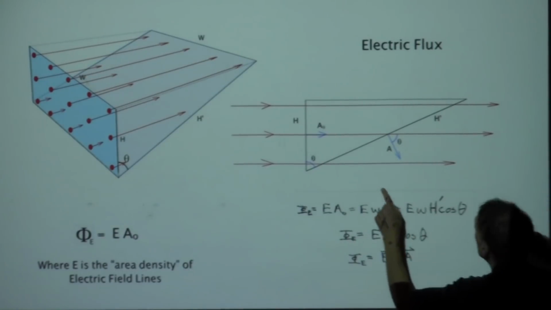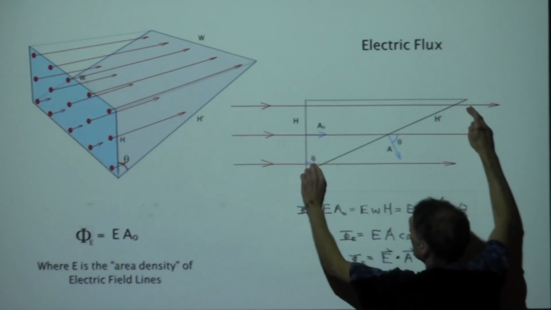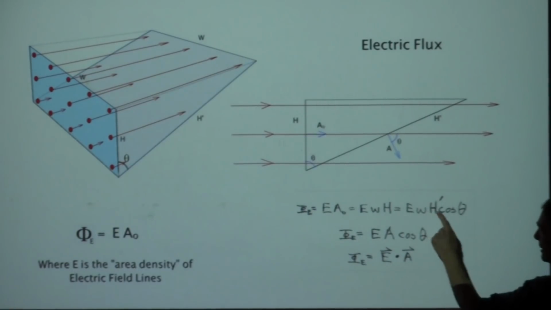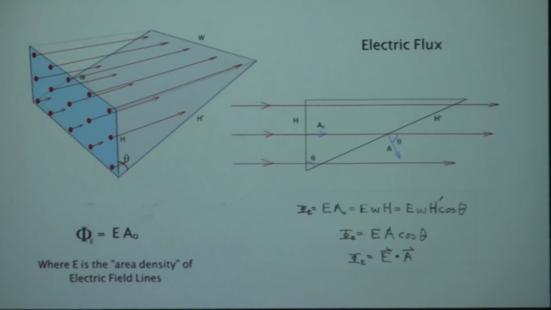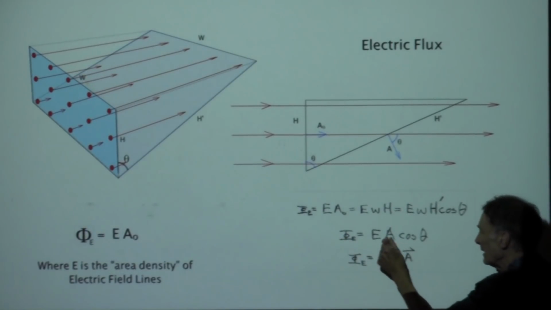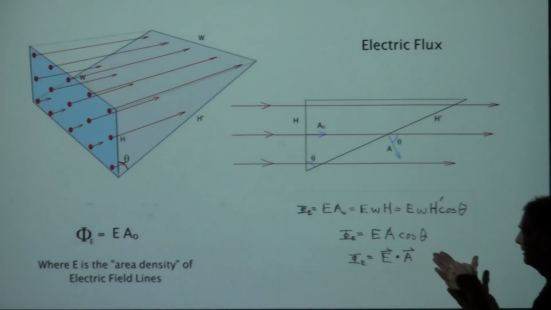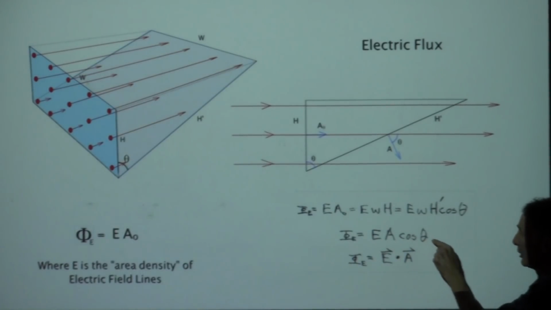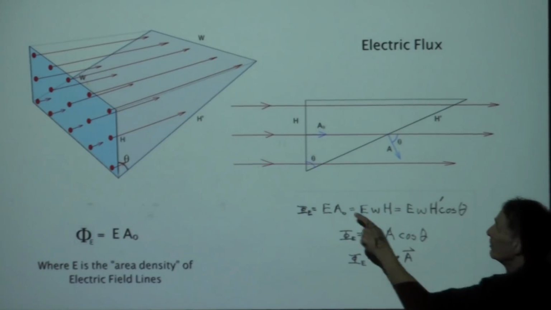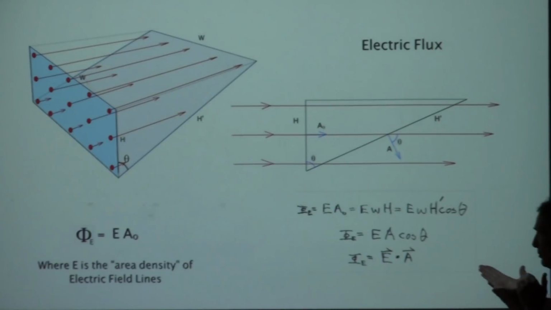And there's a relationship between H prime and H. H prime times the cosine of theta is H. And so we can put that together. We still get the same relationship that the flux is E times the area. But if it's other than 90 degrees, we can kick in the cosine of theta to make up for that angled surface that the electric field is going through.